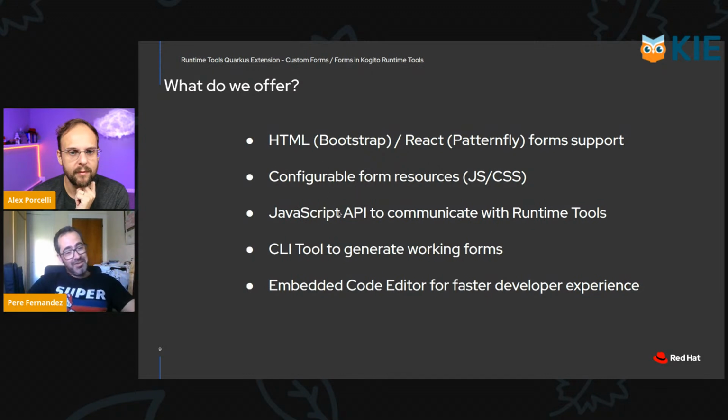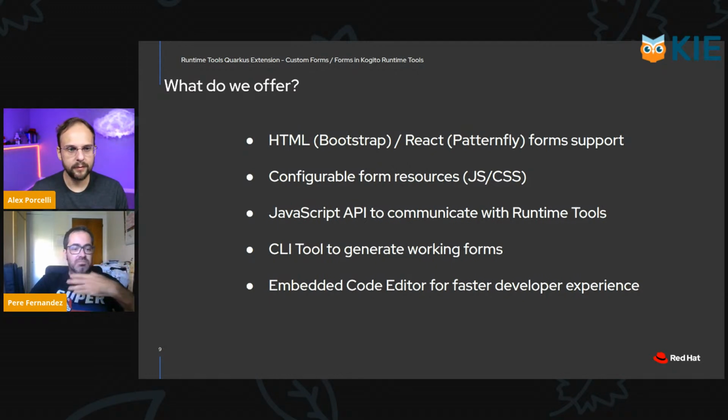In order to simplify your life, we are going to provide a new CLI tool that, based on the JSON schema that the runtime is generating for us, will generate forms out of the box. You're going to see this in the demo right now. This way you can generate forms that are functional, and you can take them and use them in the Quarkus extension, or in your own applications.